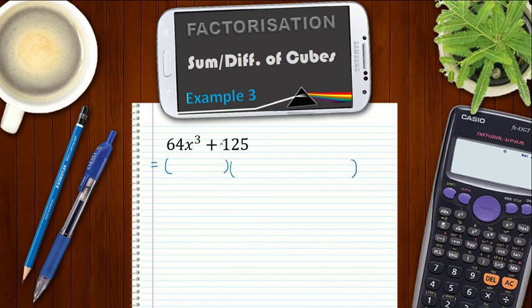With difference of squares, it had to be a minus. This one can be a plus or a minus, and we start off by taking the cube root for this one. So this is going to be 4x, and then we take this sign down right there, and then the cube root of that is 5.